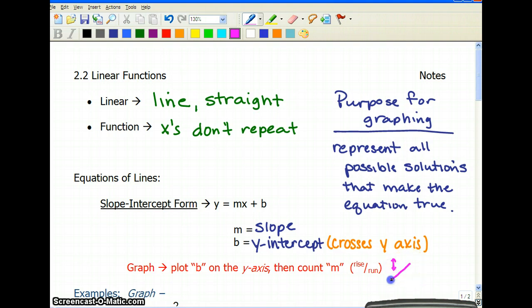And if you're running, you're going left or right. If you're going up, that's a positive. If you're going down, that's a negative. If you're going to the right, it's a positive. If you're going to the left, it's a negative. So we'll have to watch the signs to decide how to graph those.